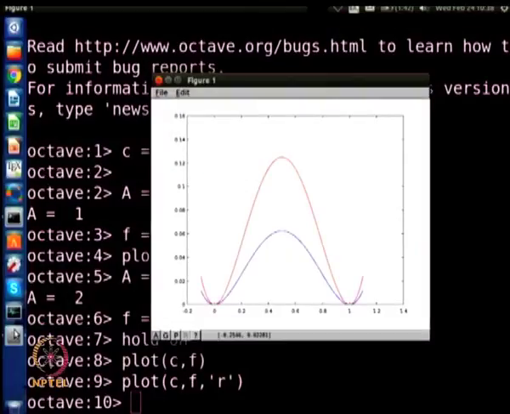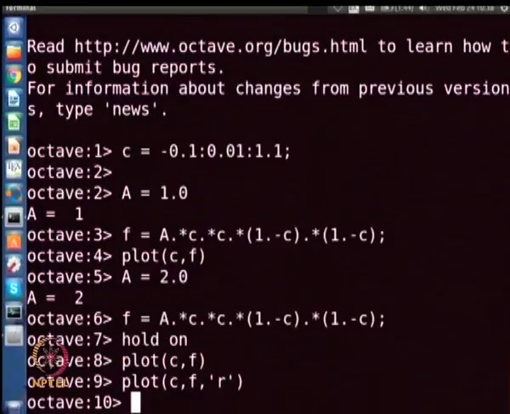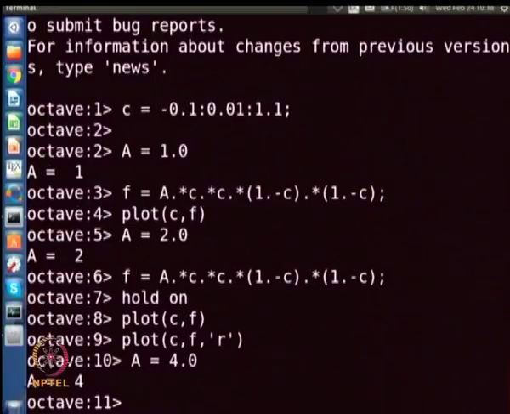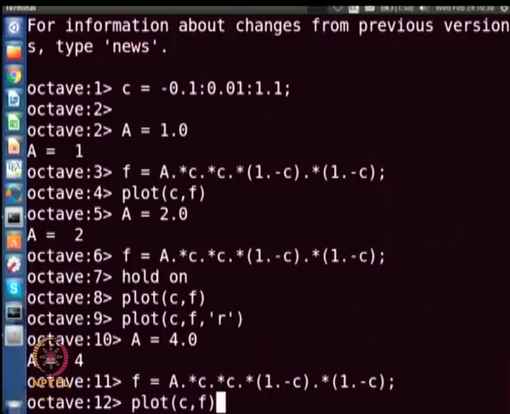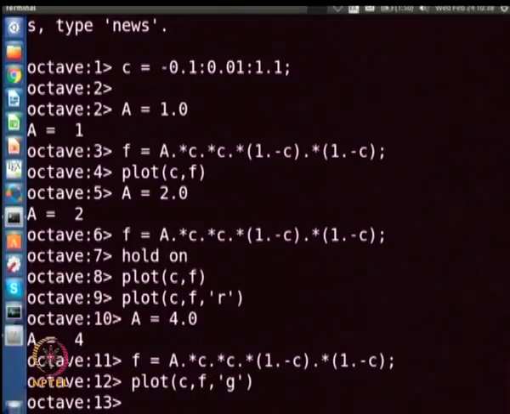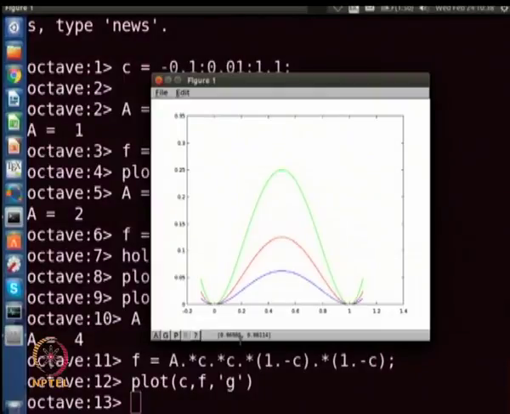You can see that the A equal to 2 curve has a much higher barrier to overcome. Now, I can also do one more. Let me take A equal to 4, define F, and plot in this case with a green line. Okay. So, now I have 3 curves.